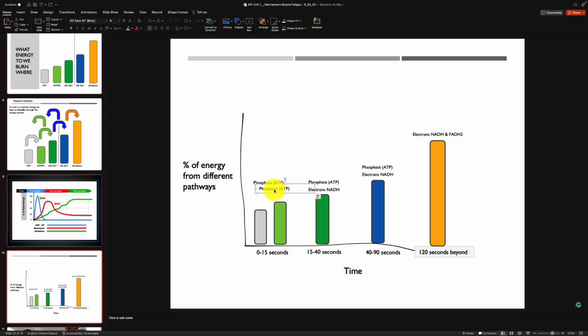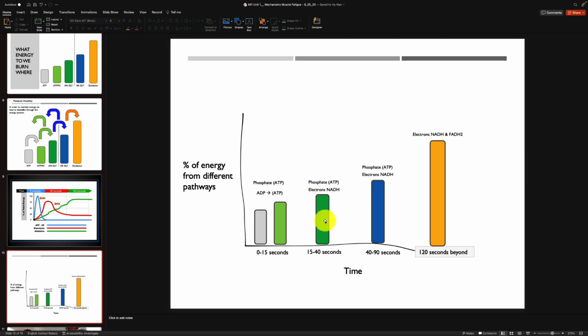That means that this pathway is going to take ADP and convert it to ATP. So that's what this first pathway is going to do.